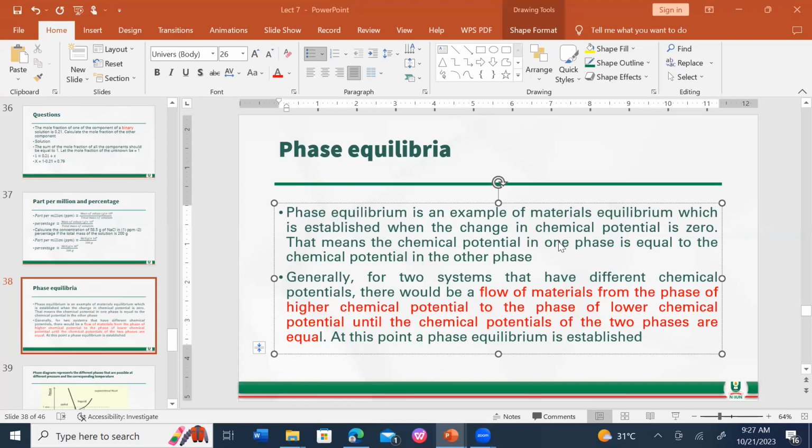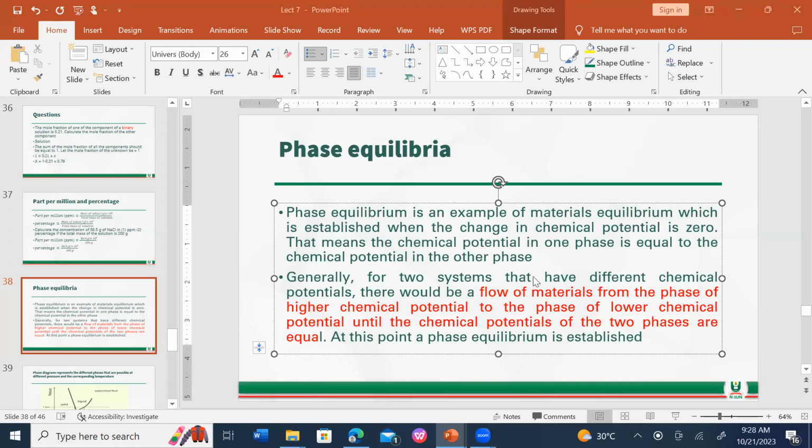So one condition is that for two phases to be in equilibrium, the chemical potential of one phase must be equal to the chemical potential of the other phase. That means the change in chemical potential will be equal to 0.